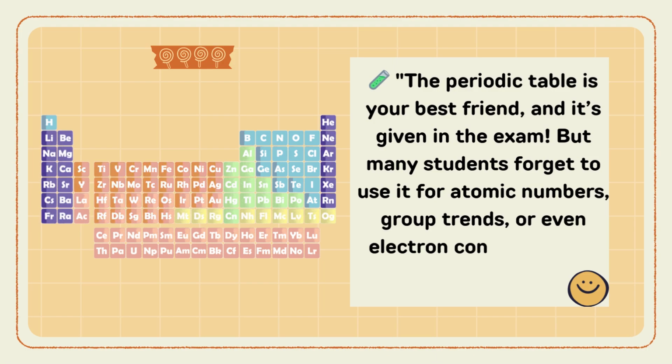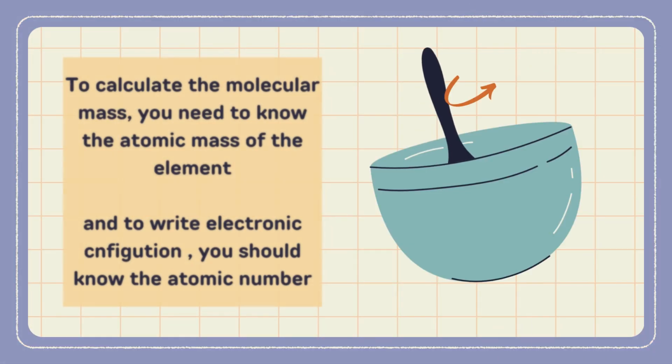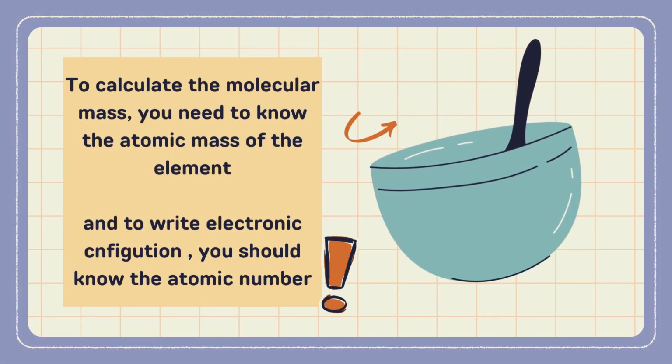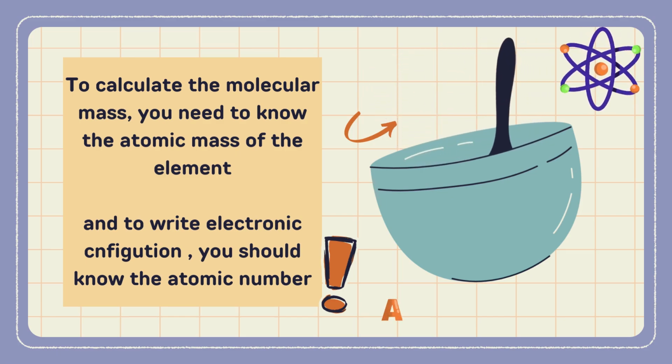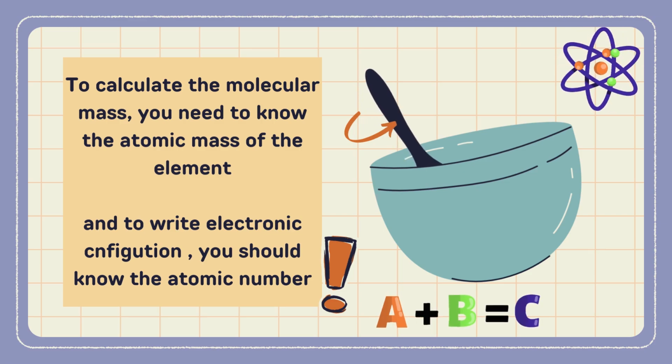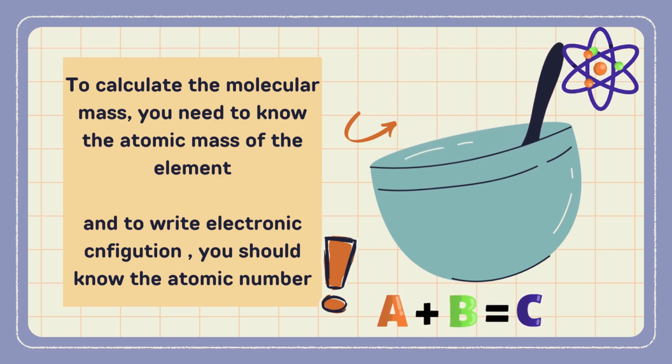The students don't know what is an atomic number, what is the mass number. To calculate the molecular mass, you need the mass number. And to know the electronic configuration, you should know the atomic number, how to identify the number of protons or electrons. That's the thing.